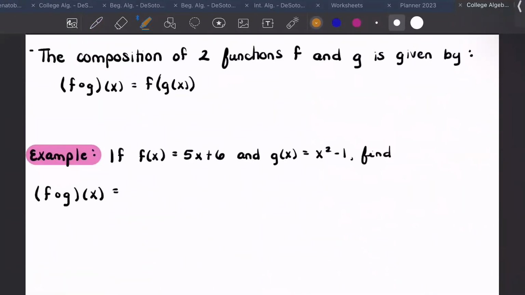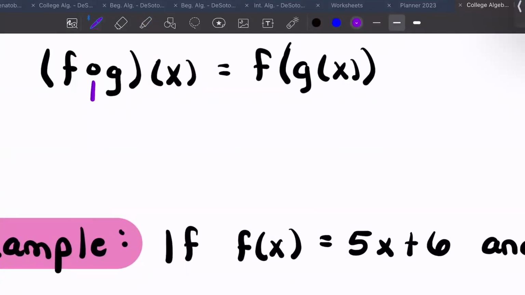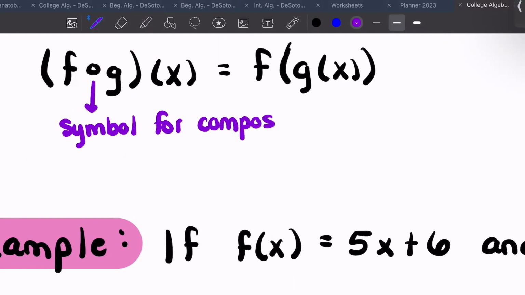We also have something called the composition of 2 functions, f and g. So this is saying f of g of x. This sign right here is the symbol for composition. It is not to multiply.